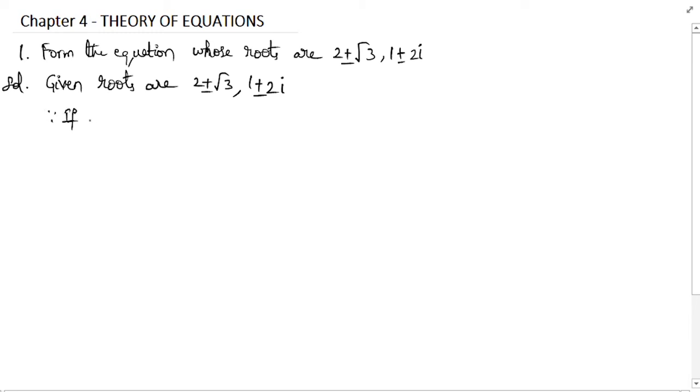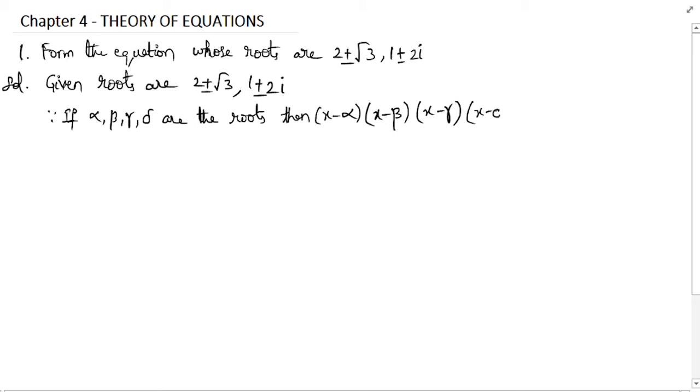If alpha, beta, gamma and delta are the roots, then x minus alpha into x minus beta into x minus gamma into x minus delta is equal to 0. Okay, so this is the formula.